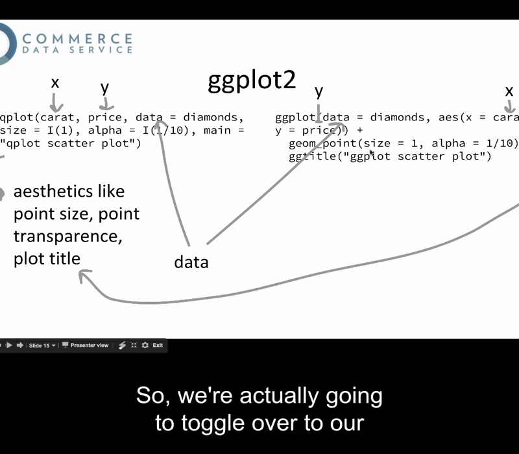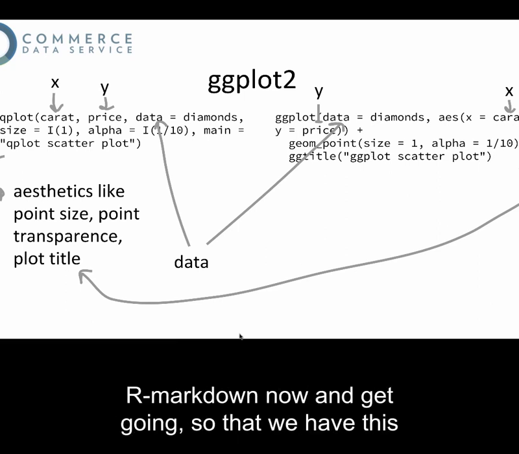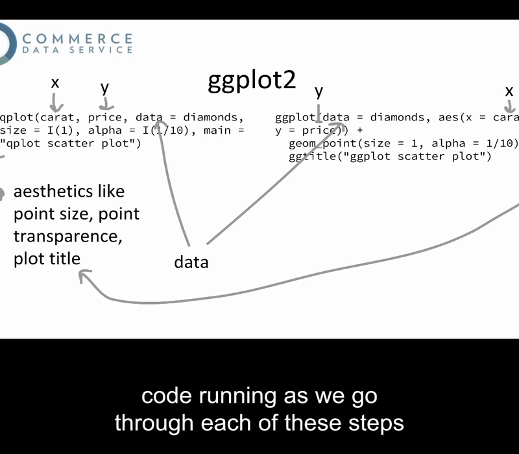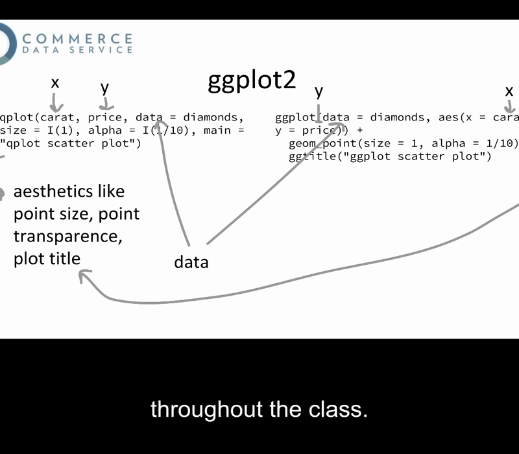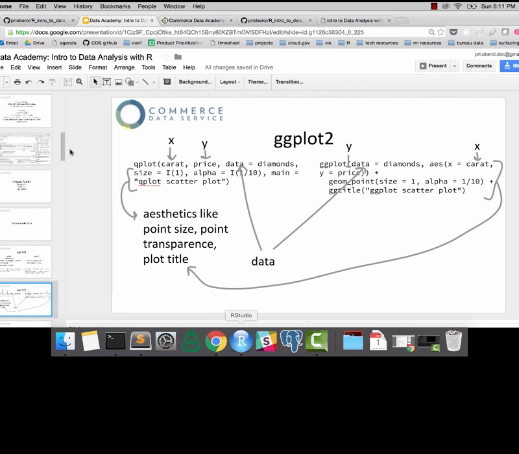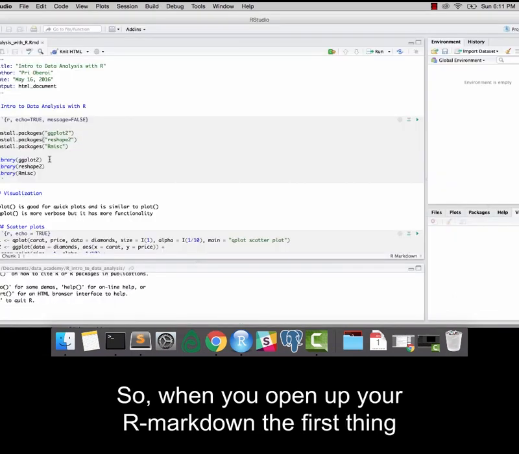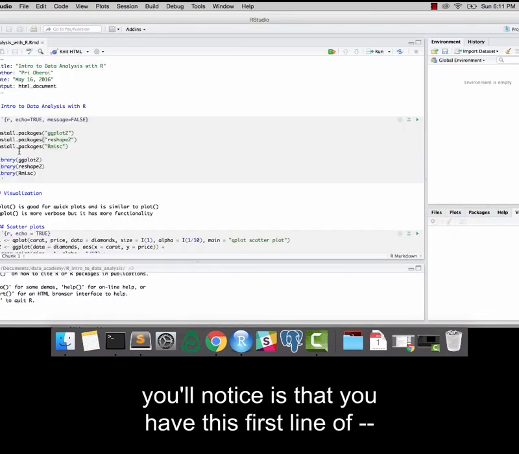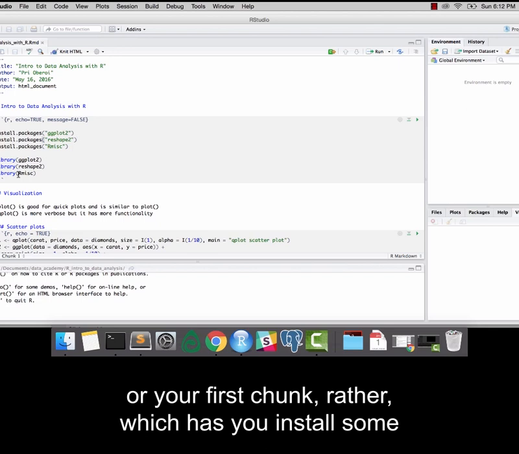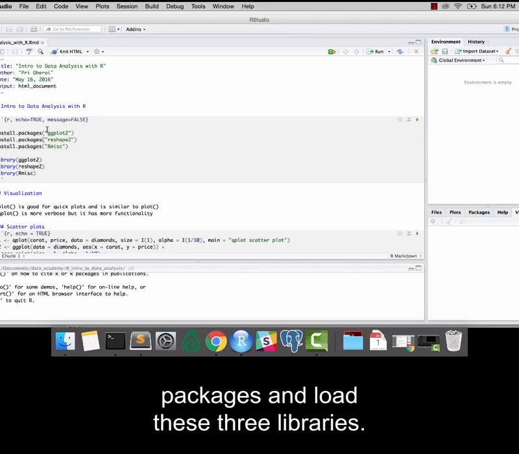So we're actually going to toggle over to our Markdown now and get going so that we have this code running as we go through each of these steps throughout the class. So when you open up your R Markdown, the first thing you'll notice is that you have this first chunk, which has you install some packages and load these 3 libraries.